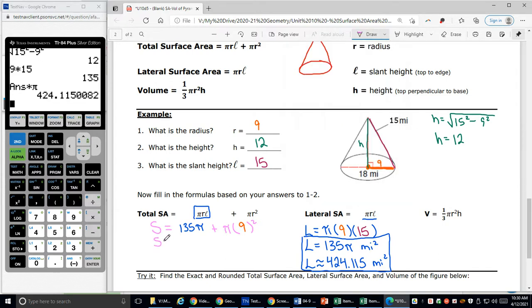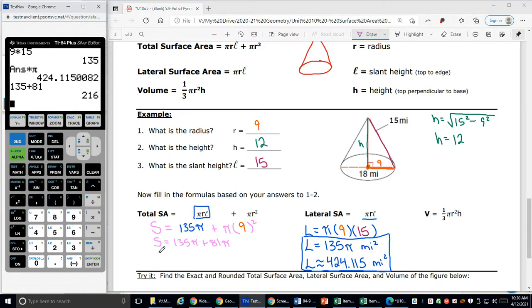So my total surface area is 135 pi plus 9 squared, which is 81 pi. So 135 pi's plus 81 pi's is a lot of pi's. How many pi's is it?